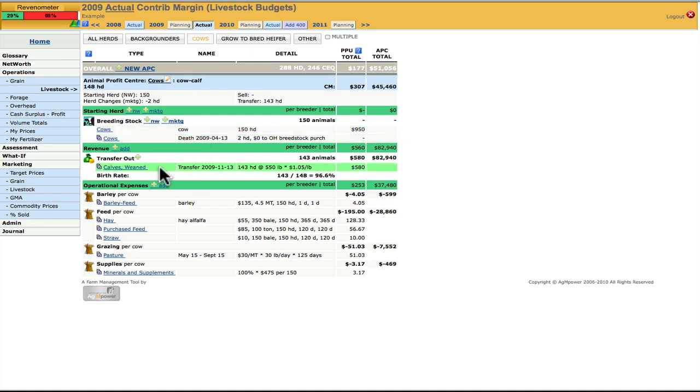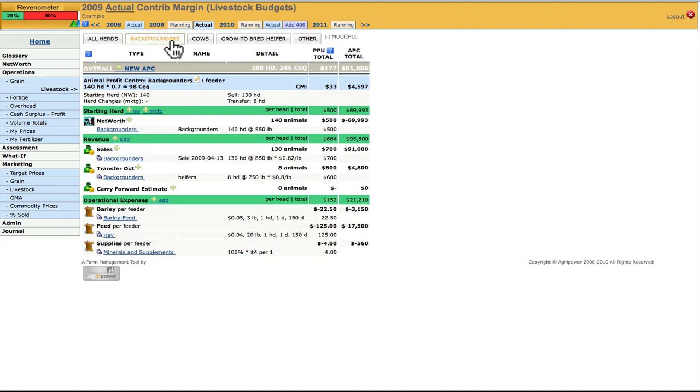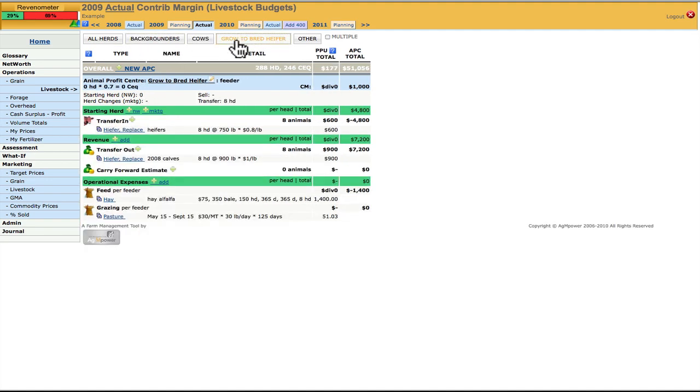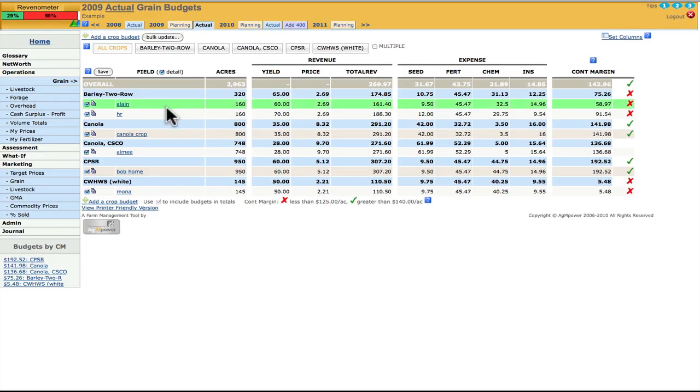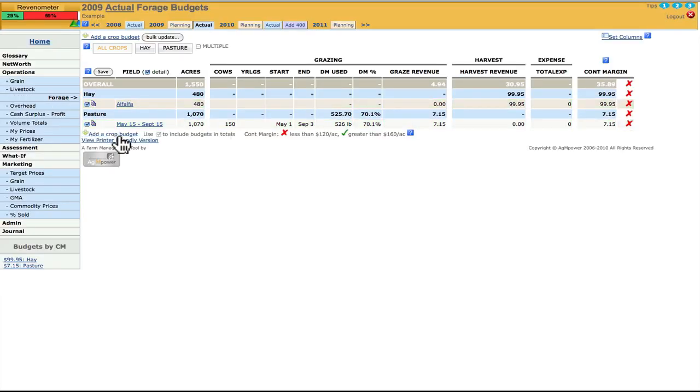Then we have the revenue of that weaned calf, whether it's transferred or sold, and we have the expenses associated with that animal profit center. And there can be many animal profit centers within the livestock operation, in the same way that you can have many different crops being held within the grain operation and many different operations given in the forage.